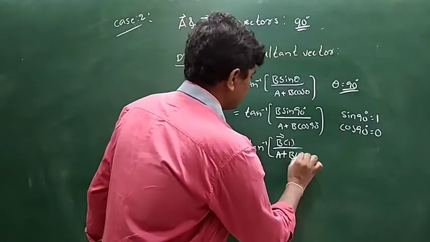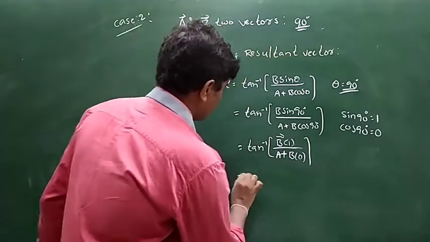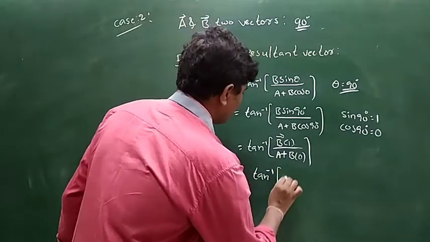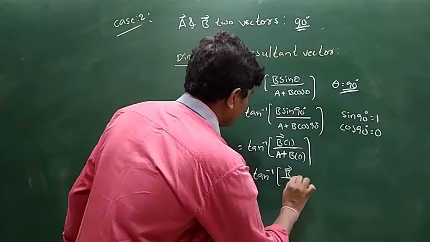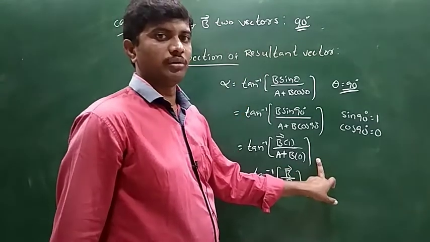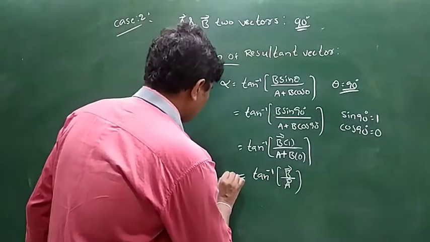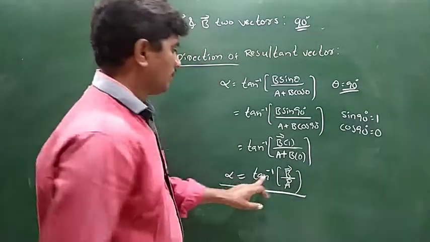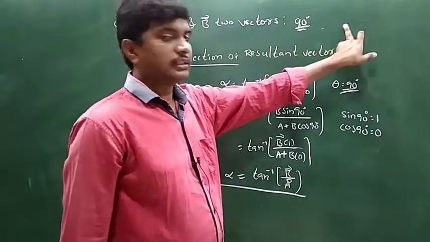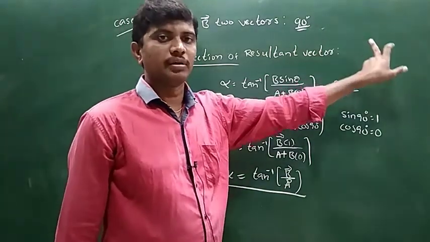So b into 0 is 0, and therefore tan inverse of b bar by a bar. Therefore, alpha is equal to tan inverse b bar by a bar. This is the direction for two perpendicular vectors, theta equal to 90 degrees.